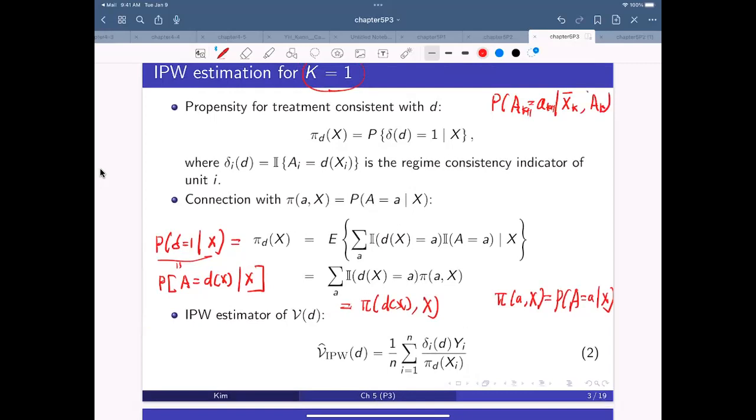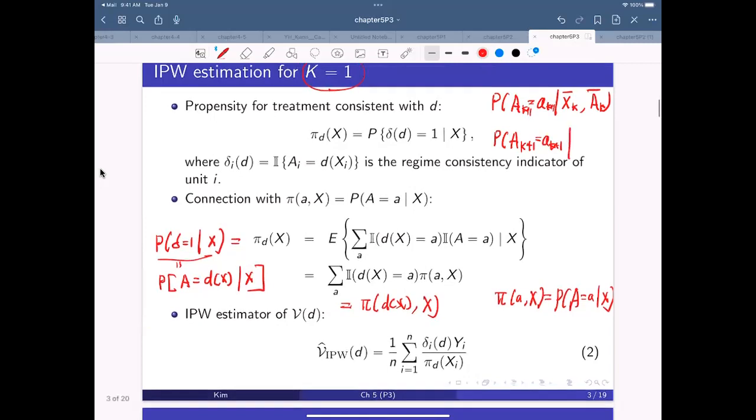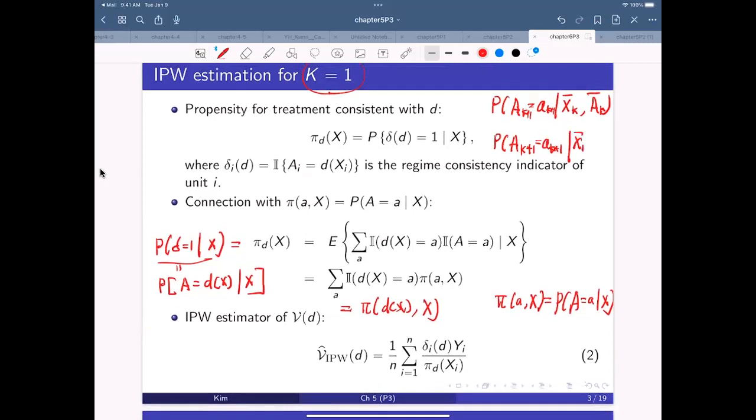One is this. The other one is in terms of potential outcome, X1 and X2 star.